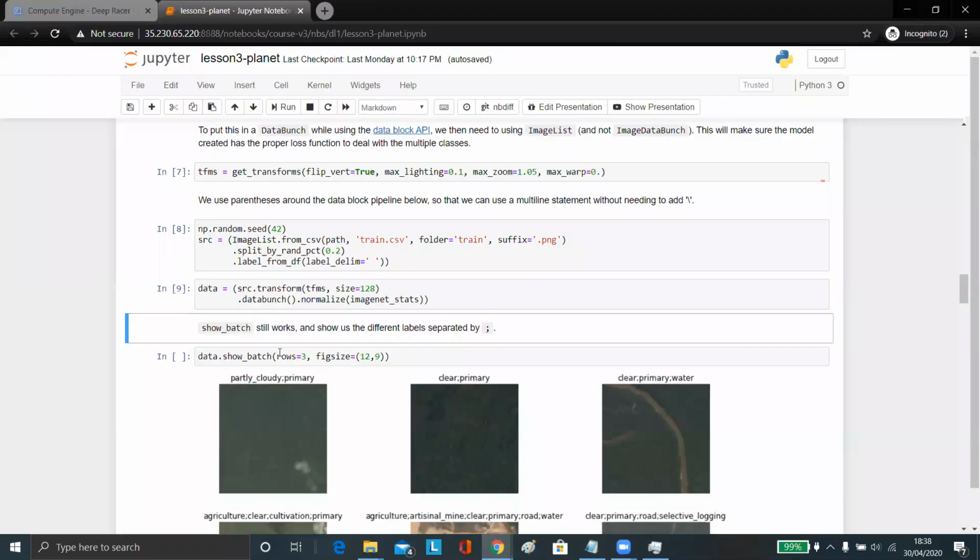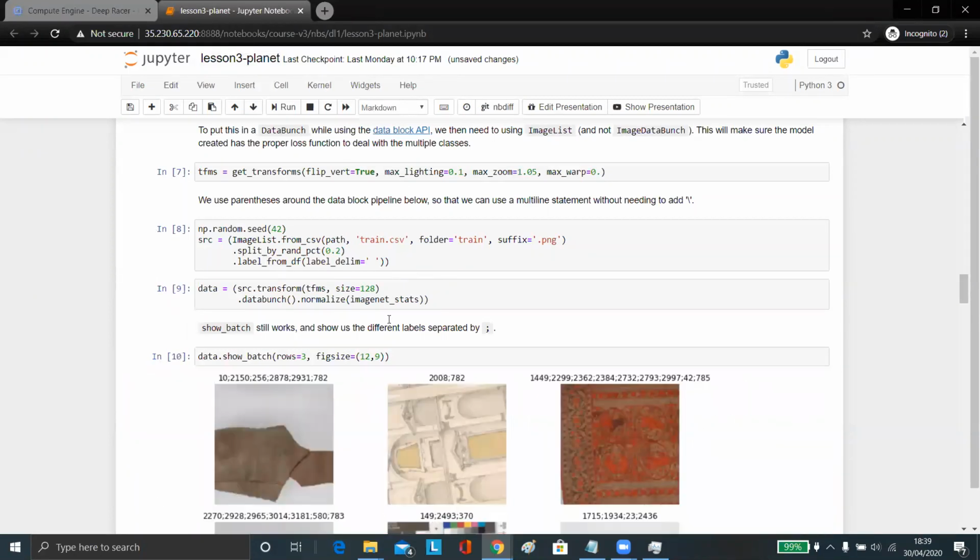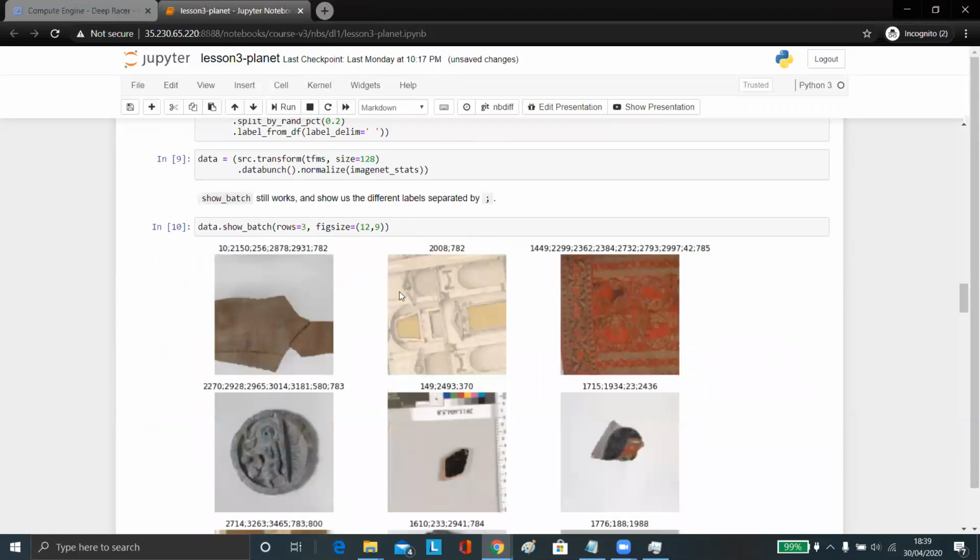So now that the data and the transformers are run, we should be able to show a batch. Let's see if it starts looking like artwork. This computer seems like it's struggling. Yay! There we go.